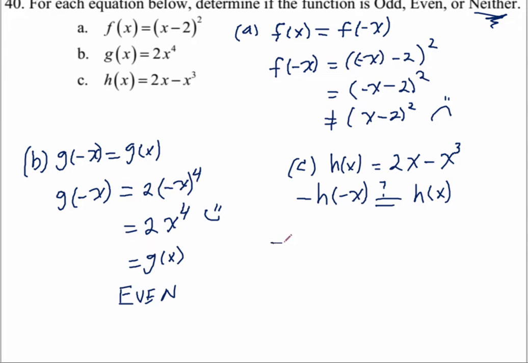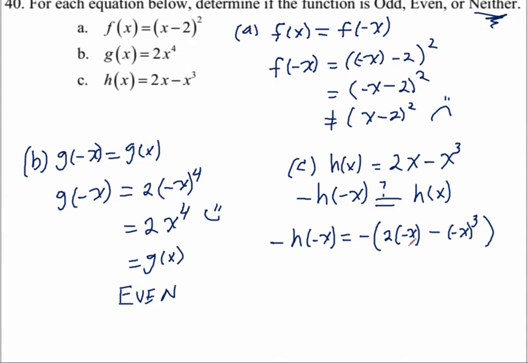So let's give that a go. It's the opposite of h of negative x. It's a little tricky to do here, so we've got to go a little slow. That's going to be the opposite of parentheses, because it's the whole thing, right? And then I've got to change the inside part too. So that's 2 times negative x minus negative x cubed.